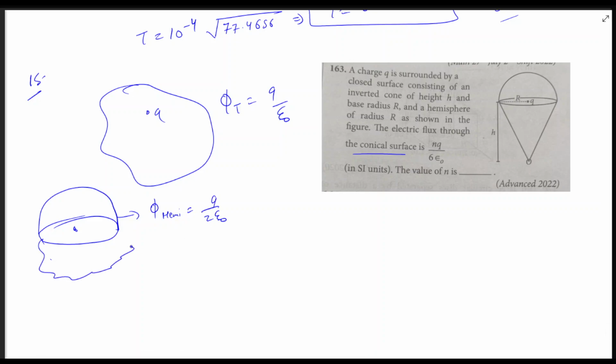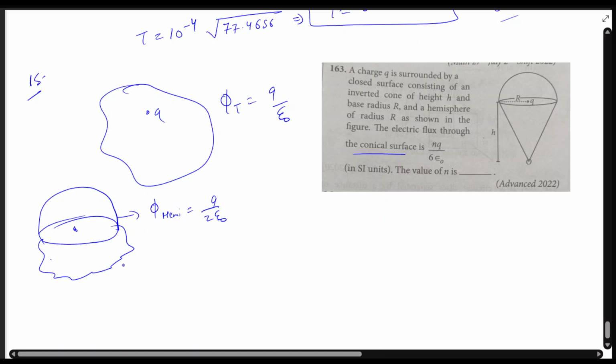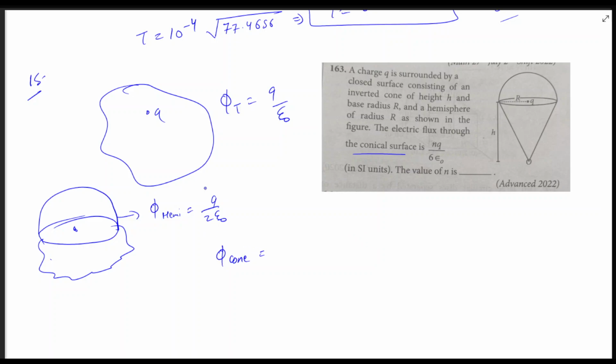Now you can add any type of surface, it will be the other half. So from the cone, it will be the other half of the flux. It will be Q upon 2 epsilon naught itself, right? So the answer turns out to be 3. So it's a very simple question. It's a pretty basic question.